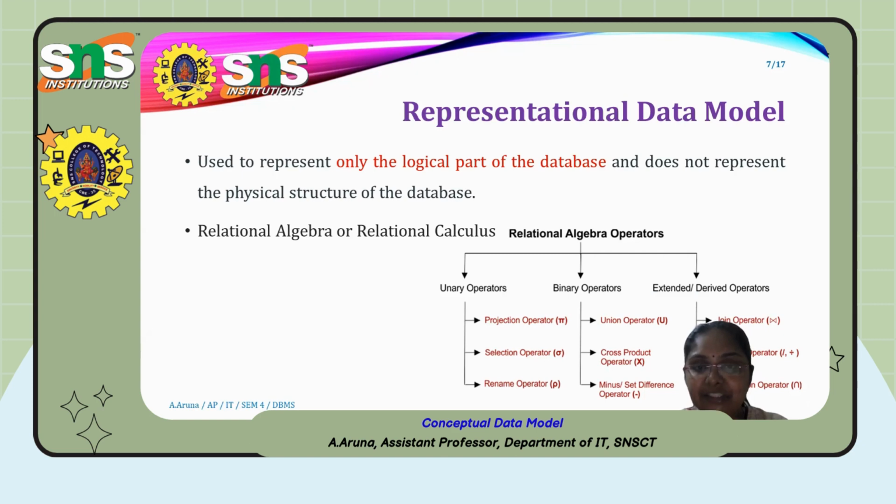These are the join operators, along with cross join, and relational arithmetic operators. These are derived from the unary and binary operators. By using them, we convert our database structure into a mathematical representation using relational algebra.